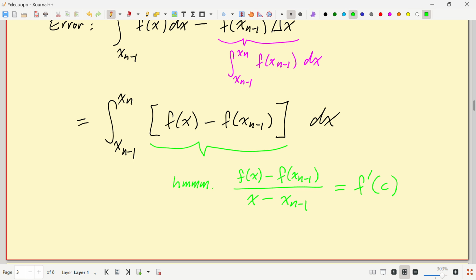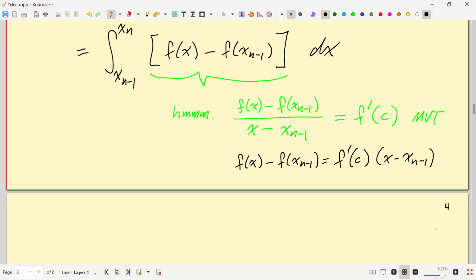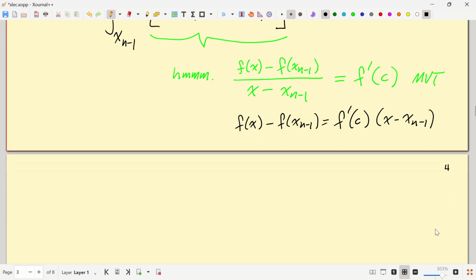That's the mean value theorem. And so that means I can write f of x minus f of x_{n-1} as f prime of c times x minus x_{n-1}. That's kind of exciting because then I realize I can estimate how big that is.